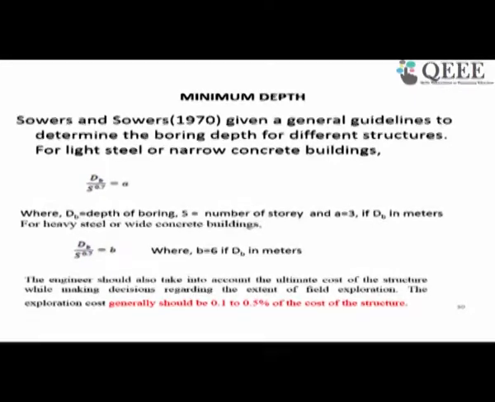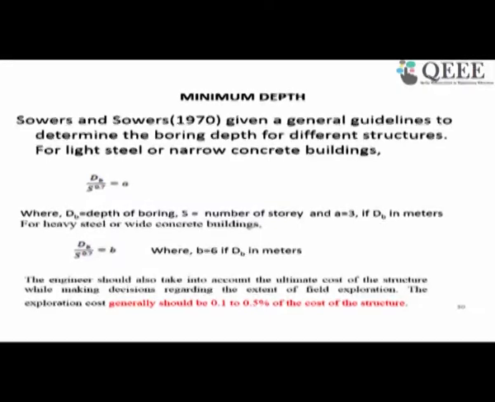So as you see, there are some rough or empirical guidelines which tell you to what depth you should drill and what spacing you should adopt. Many times one needs to go by the total cost also. Usually the number of boreholes and the depth are also decided based on the total expenditure.